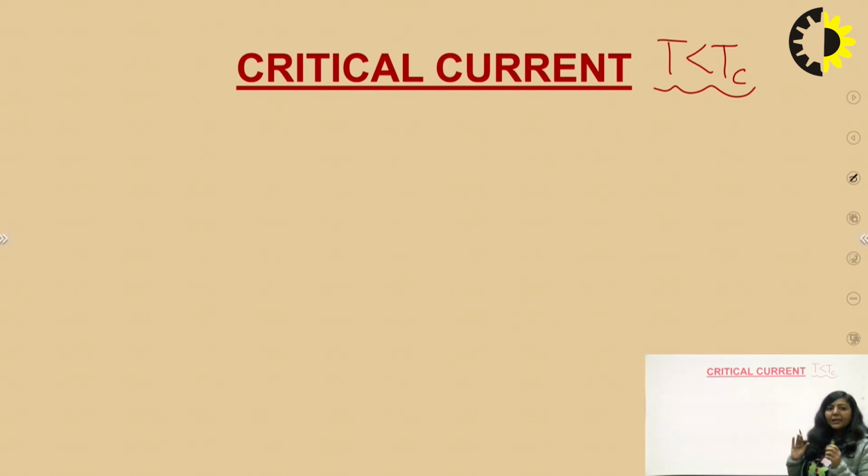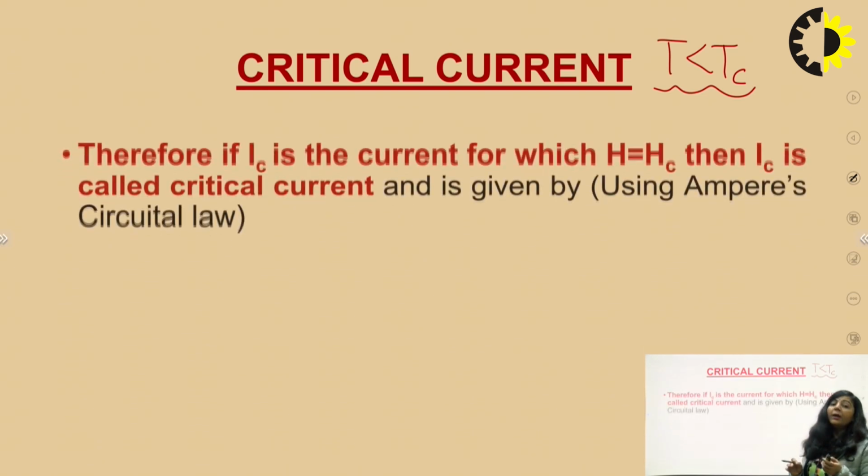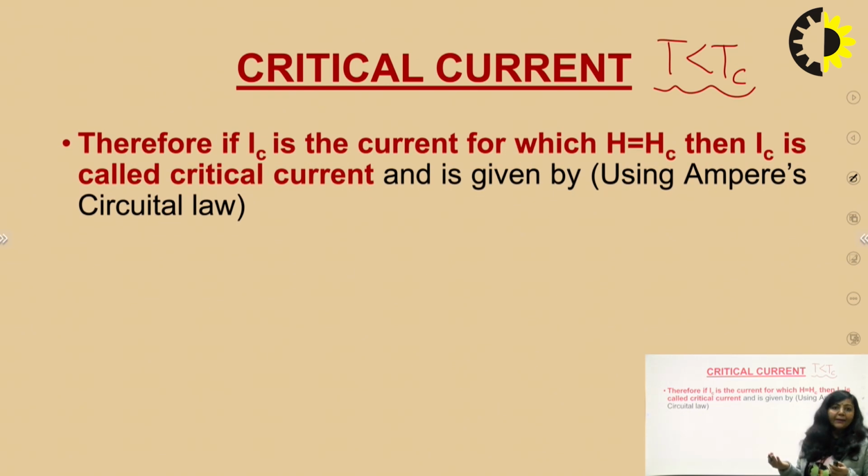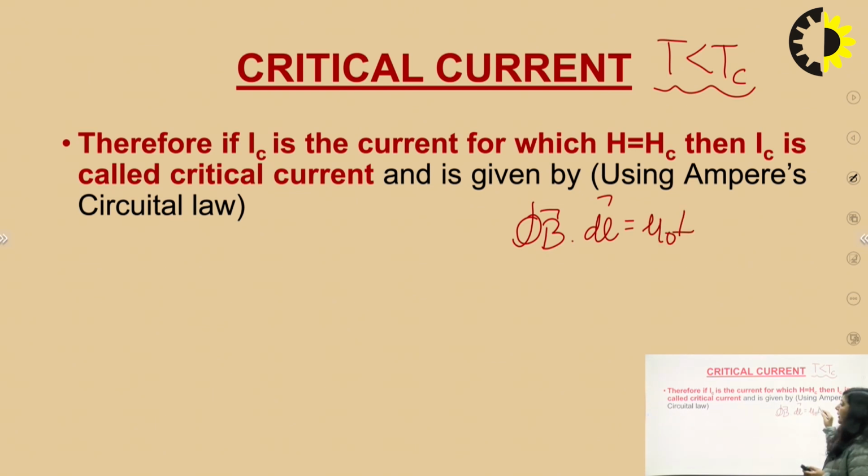So we can easily correlate this critical current with critical magnetic field just by applying Ampere's law. You all know that according to Ampere's law, the closed line integral of magnetic field is equal to mu naught times the current enclosed. Using this expression, you can write the relationship between magnetic field and current: H is equal to I upon 2 pi r.